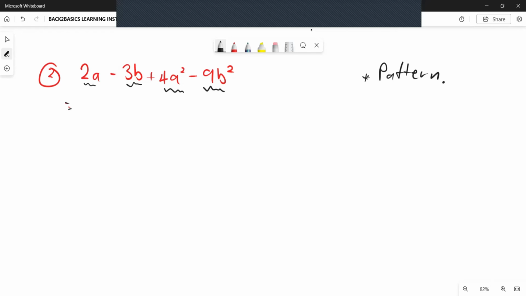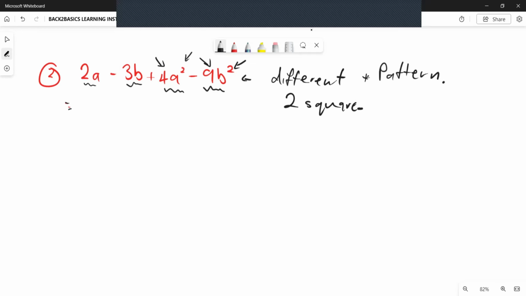And now, is there anything that you can recognize here? You have your b squared here, you have your a squared here, you have a square number here, which is 4, you have a square number here, which is 9. Yes, indeed, you have what we call a difference of 2 squares here, right? So which means you can factorise that.